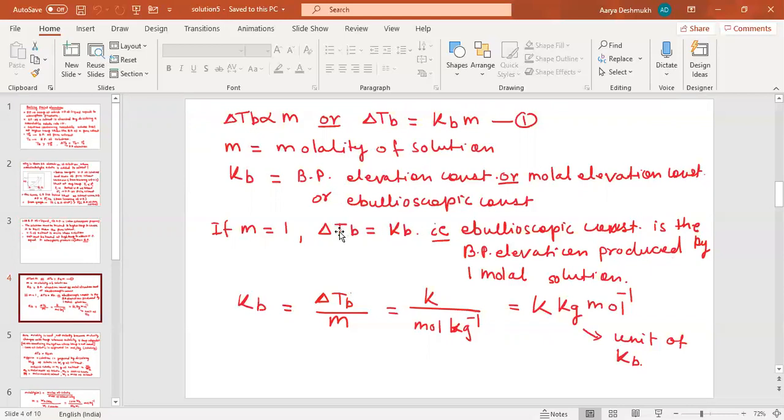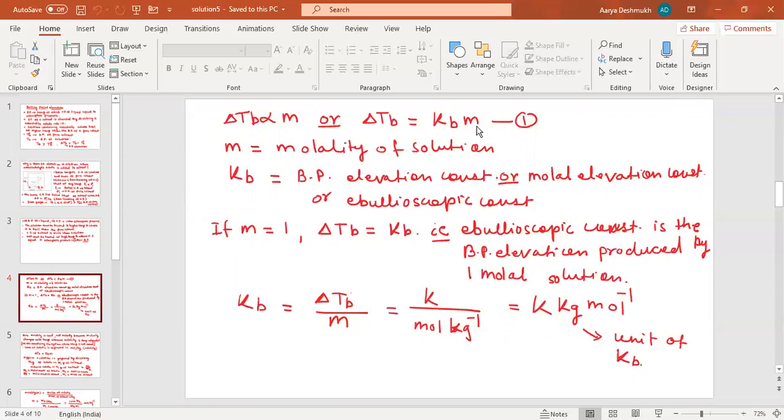When we say delta TB equals KB, KB is the ebullioscopic constant and delta TB is the boiling point elevation. So these two terms are equal when the solution is 1 molar. You can rearrange this equation as KB equal to delta TB upon m.